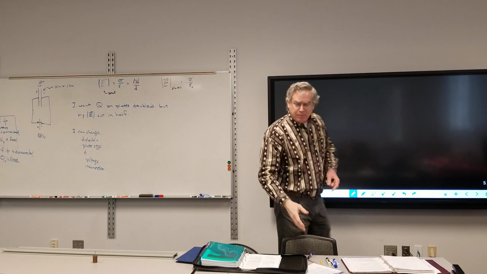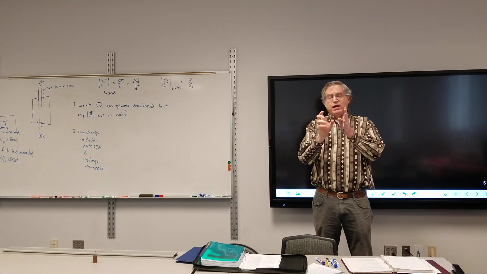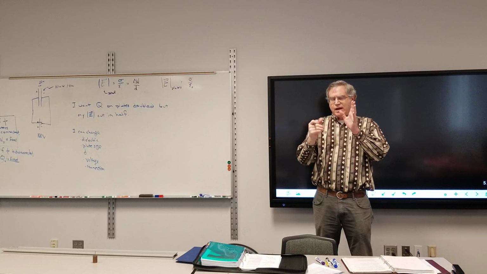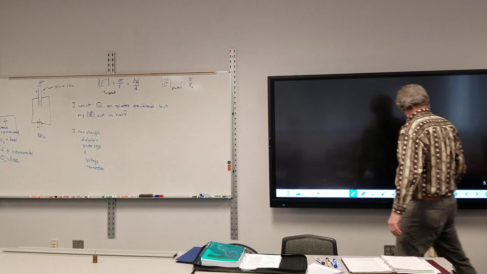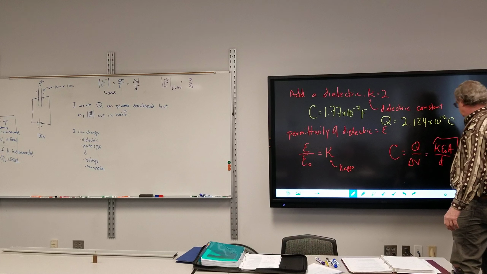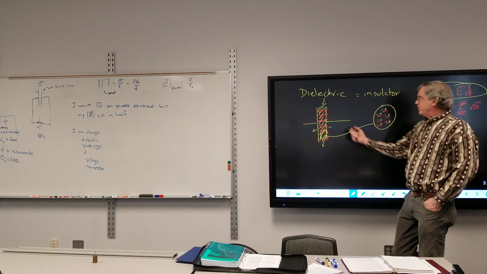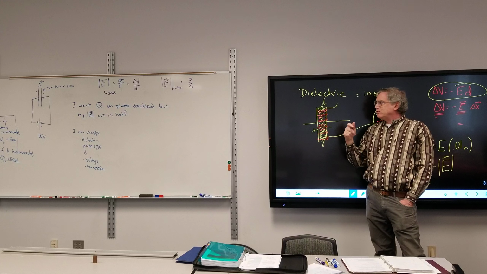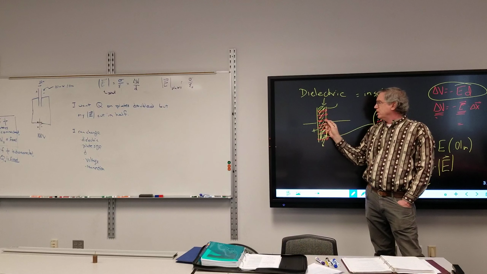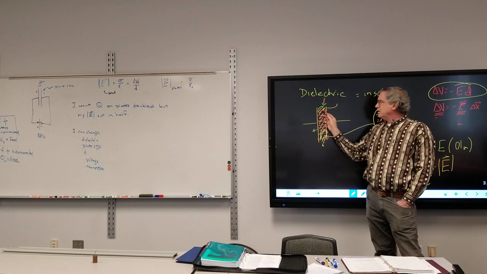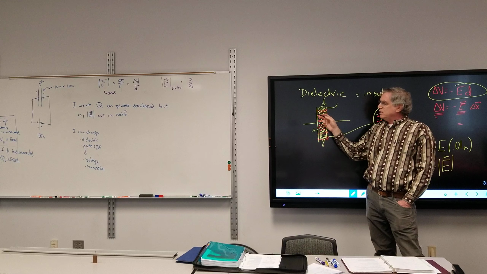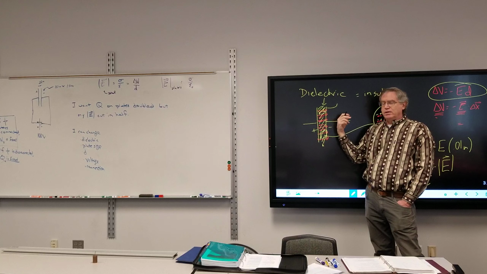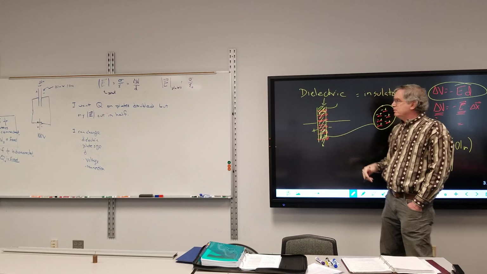Because remember, I build up a charge on the plates, but the dielectric will allow me to increase the charge on the plates, but it has its own field. I've got two electric fields going on. This electric field right here is from the plates, and that's just sigma over epsilon naught. The total electric field taking the dielectric into account would be just sigma over epsilon. And the difference would be the electric field from the dielectric itself.